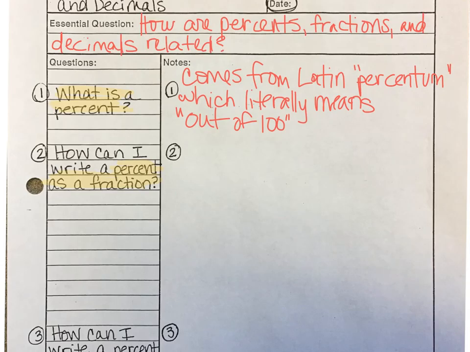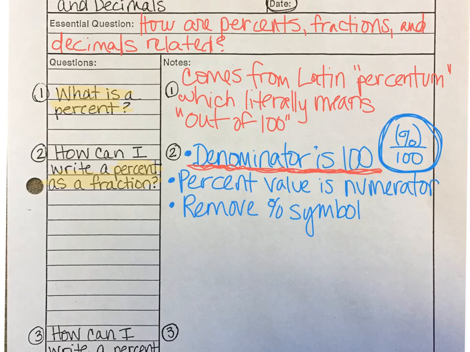How can I write a percent as a fraction? Because the word percent means out of 100, when you write a percent in fraction form, the denominator is 100. Your percent value is the numerator, and you need to remove the percent symbol. So for example, 25% means 25 out of 100.